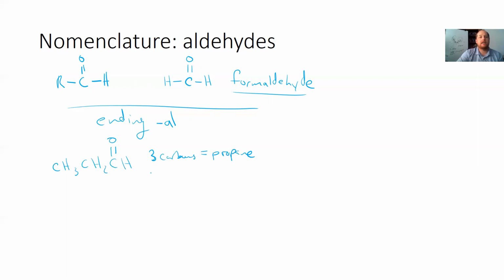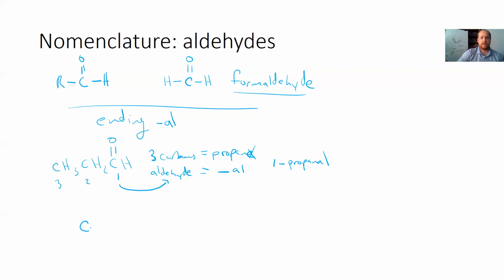The aldehyde is going to be on the first carbon, right? The aldehyde says dash Al and it's on the first carbon. Okay. So this would be 1-propanal. Okay, knock off the E, add the Al ending.